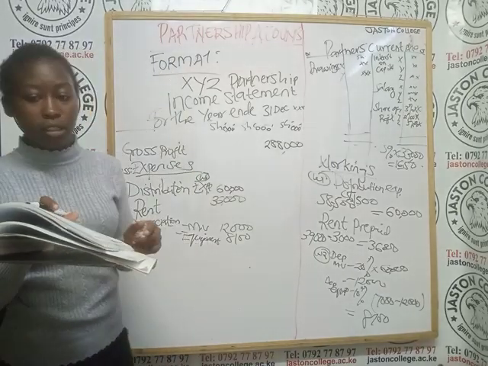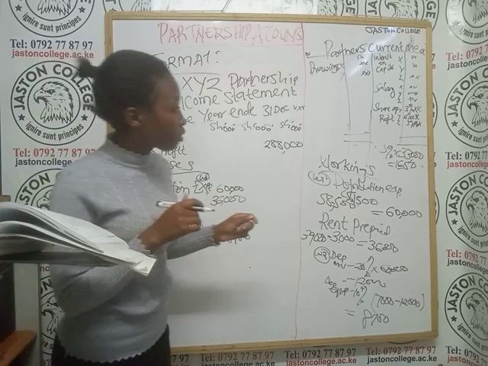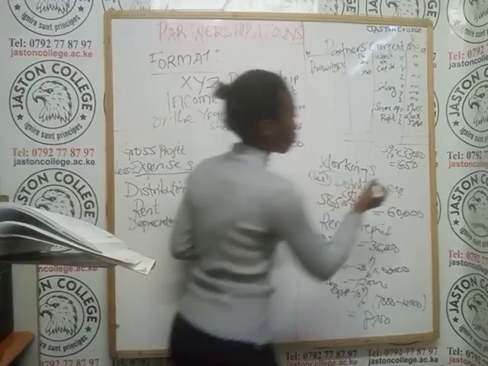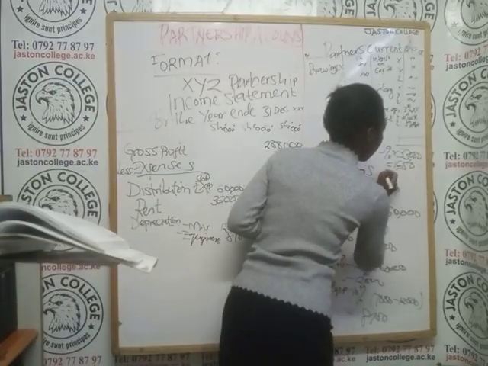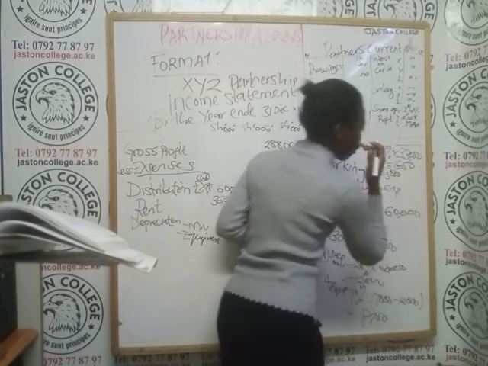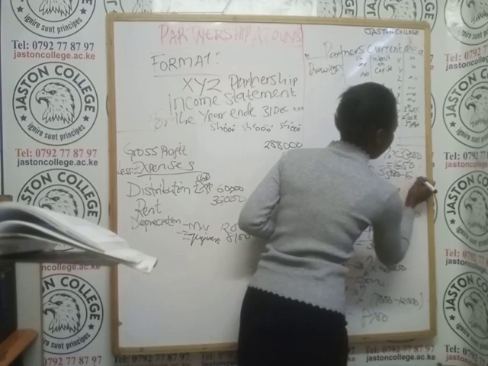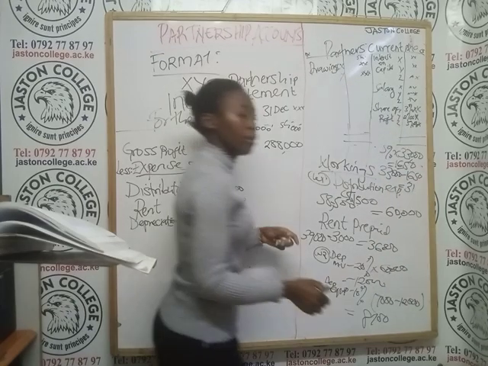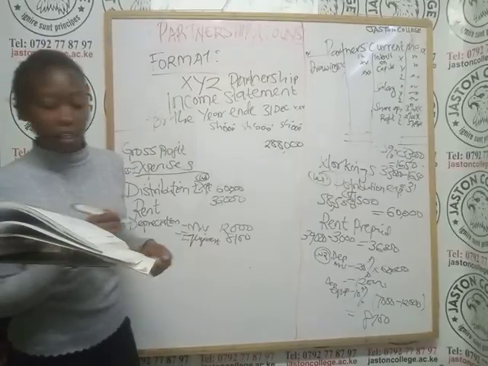We take 33,000, which is our accounts receivable, we less the allowance for doubtful debts, 1650. Then we will get 31,350.